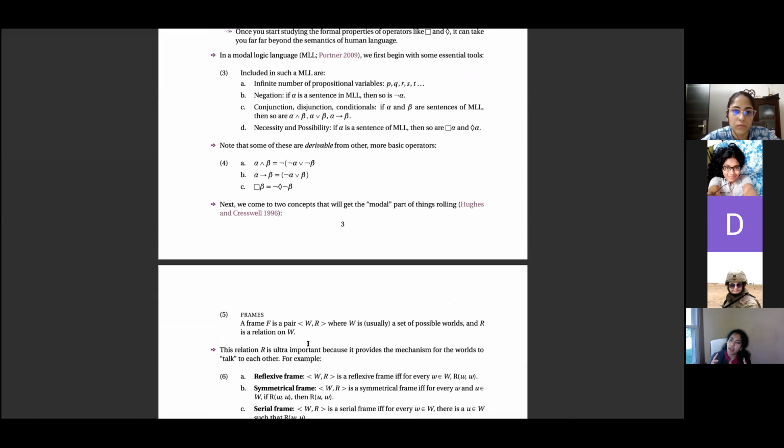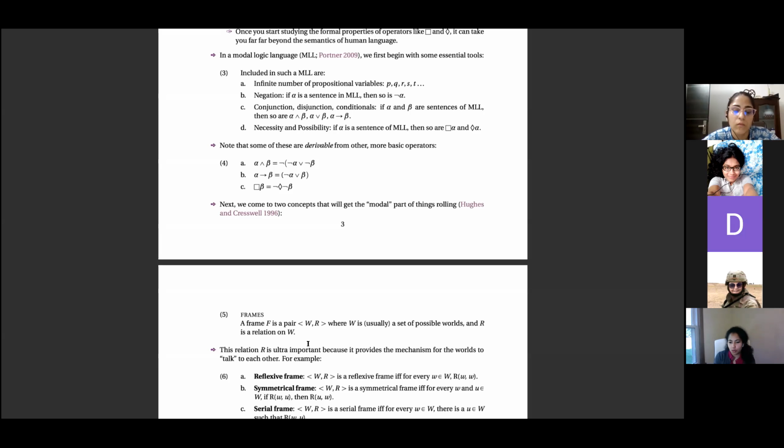A frame is a pair containing a set called W and a relation called R. What is this W? Technically, W can be a set of anything. You can take a set of any objects and then have relations on them, to give you certain kinds of results.